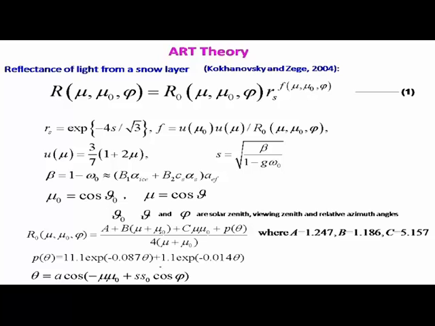Mu is the cosine of the viewing zenith angle, and mu 0 is the cosine of the solar zenith angle. Phi is the relative azimuth angle. This RS spherical albedo depends on the similarity parameter S, which depends on beta, the absorption of the snow, and G, the asymmetry parameter, and on the single scattering albedo.